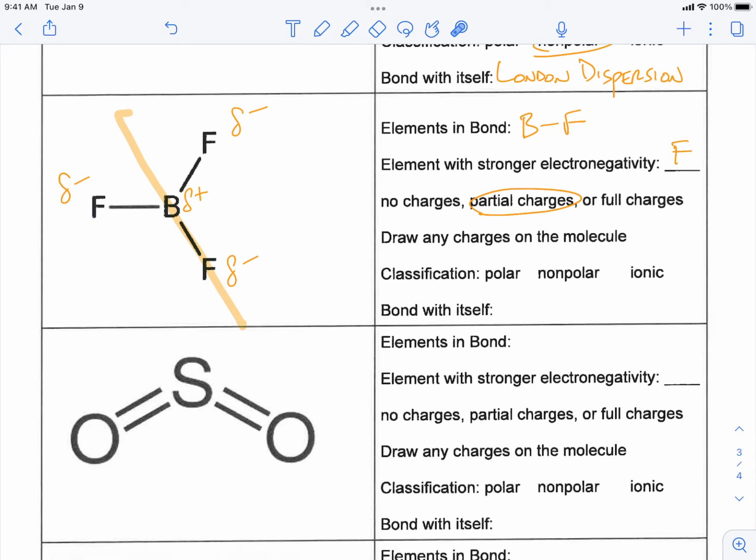So all ways that we can look at this molecule are going to have negatives all around. Another way of thinking about something that is nonpolar is that it's going to have an even charge distribution. All the charges on the outside are going to be the same. So that's another way of thinking about something that's nonpolar. All right. If it's nonpolar, again, bonding with itself, London dispersion bonds.